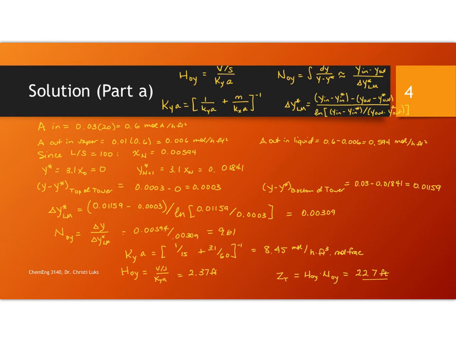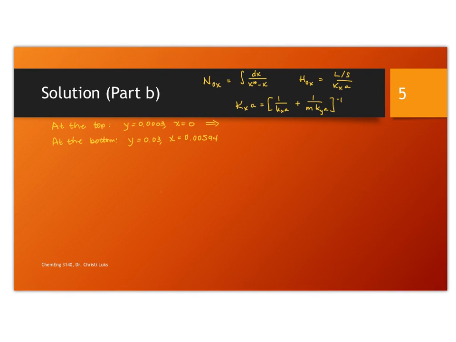So now let's next look at this for the liquid phase. This time my formulas are going to be for NOx and HOx, and I'm going to need a capital KXA. My material balance remains the same, so I know what is going in and out at the top and at the bottom. But what I need to know is X star, because my driving force this time is X star minus X. In this case, X star can be estimated by taking the Y value divided by 3.1.